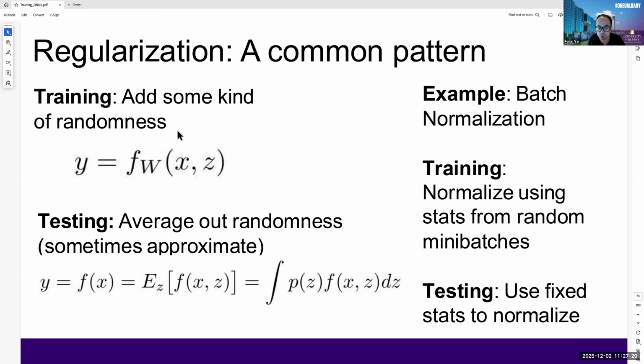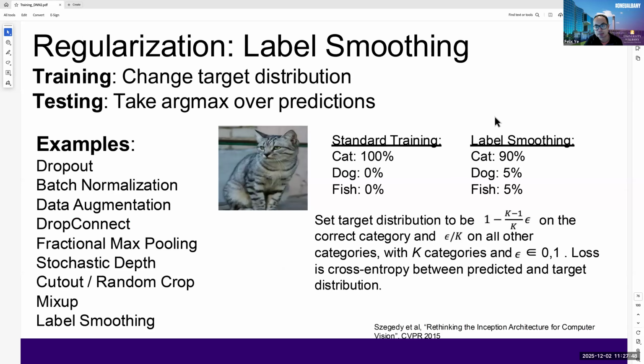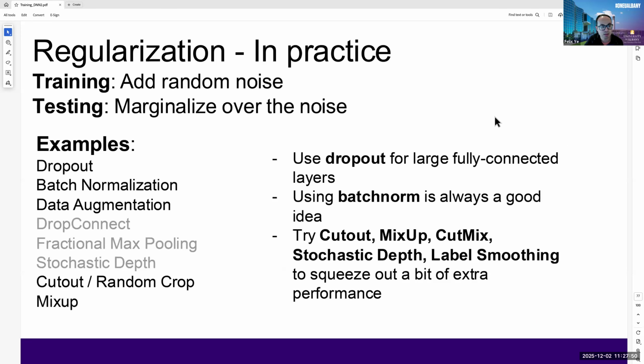Of course, sometimes what we can only do is approximations in training. And batch normalization, I think we're going to talk about a bit later. Dropout connect. Okay, so I think that's the basics.